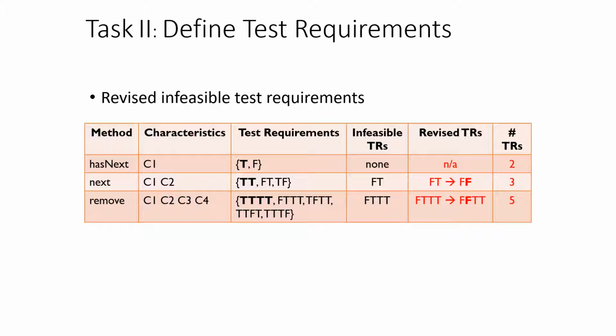We can revise the infeasible test requirements to make them feasible by applying the fix suggested in the revised TRs column. For next, we can change the test requirement from false true to false false, which means C1 and C2 both are false. And for remove, we can change false true true true true to false false true true.